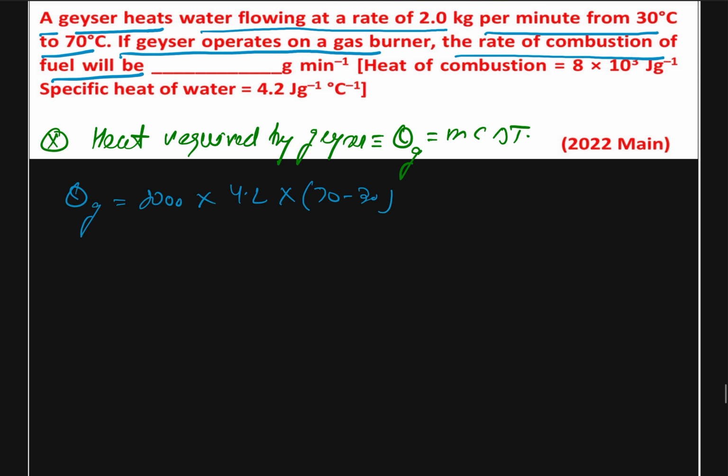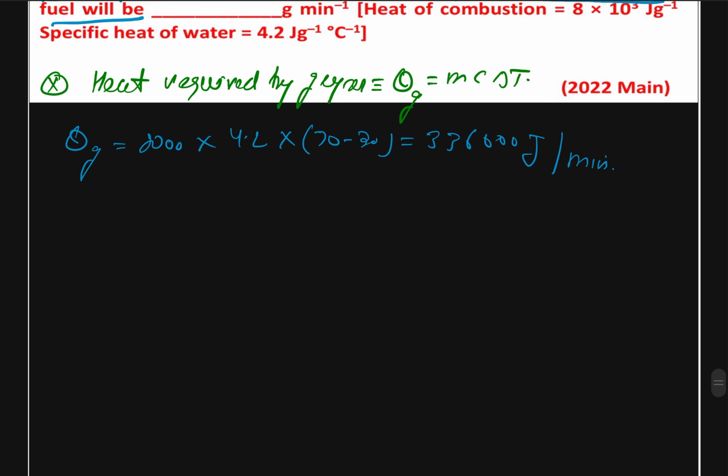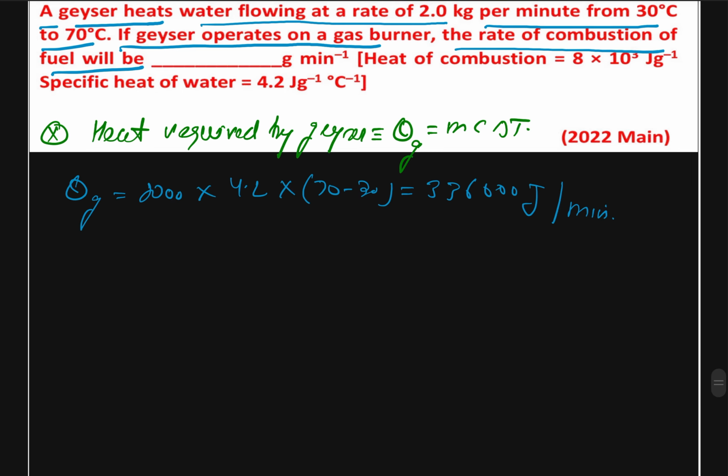So this heat comes as 336,000 joule per minute, the rate of combustion of the fuel.